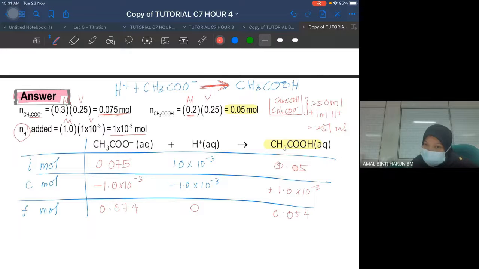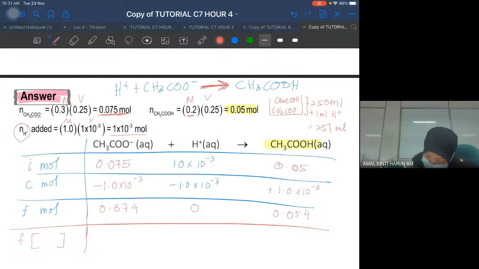So habis strong acid yang ditambah dan ethanoic acid akan bertambah 0.054. So concentration dia dalam mole kan. So final concentration. Okay, kita ada number of mole divide by volume. Molarity sama dengan mole 0.074 mole divide by the new volume 0.251 liter.